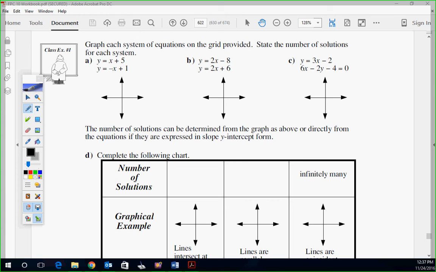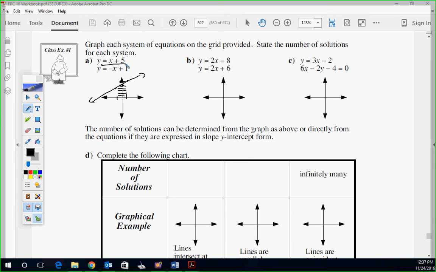Okay, what I'm talking about is, right here, +5. I go 1, 2, 3, 4, 5. My slope's 1. Up 1 over 1. That's that line. You can count to 1 and count to 5. You're good. It says graph each system of equations, state the number of solutions.